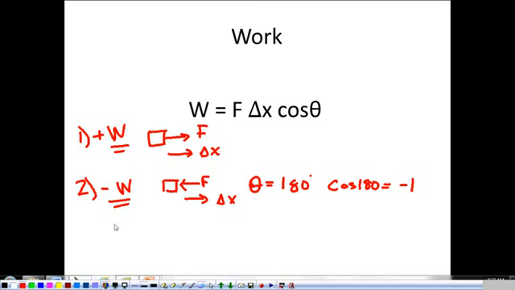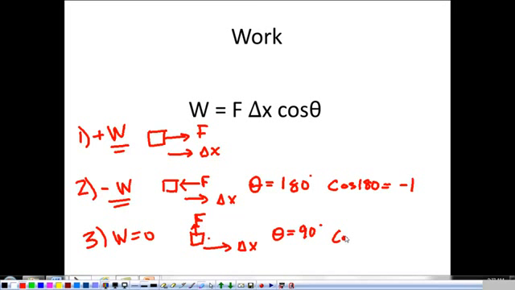And then our third case is when work is equal to 0. In that case, I have my object, I have my force on the object, but the displacement of the object is at a 90-degree angle to the force that's doing the work.